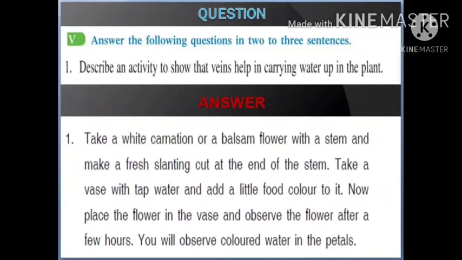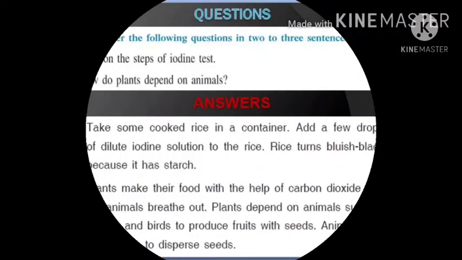Then we put that flower in that water. After some time we will observe that whichever color we put in the water travels through the veins, and the petals of the flower become the same color as the water. By this activity we can easily understand that veins help in carrying water in the plant.